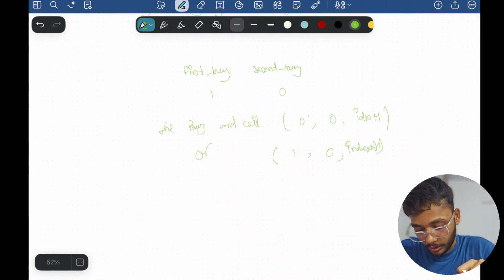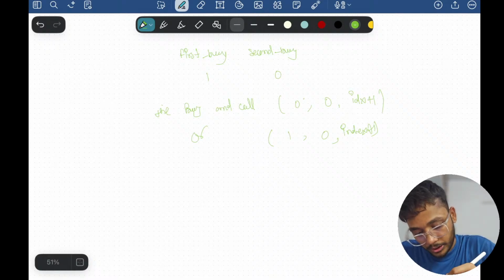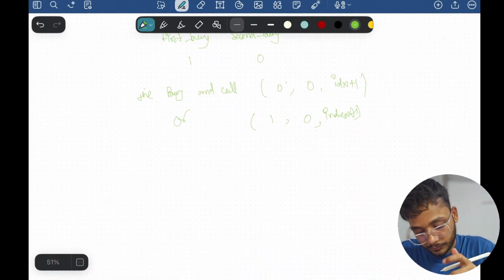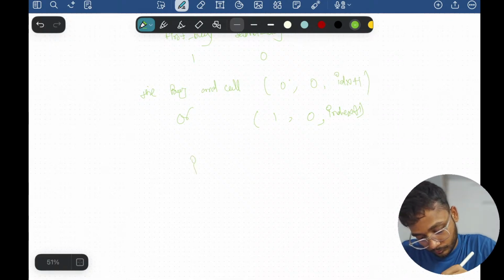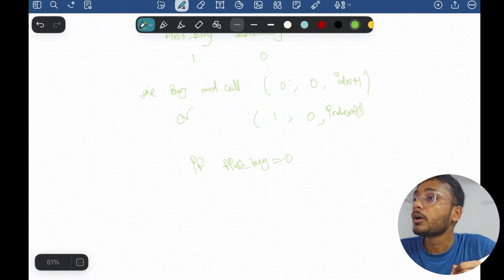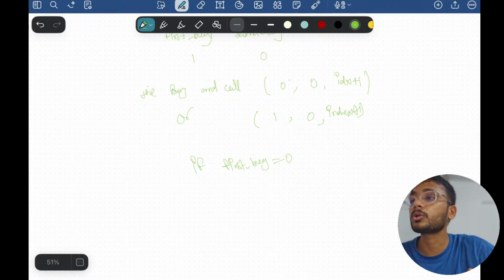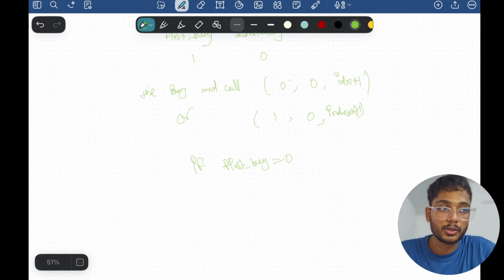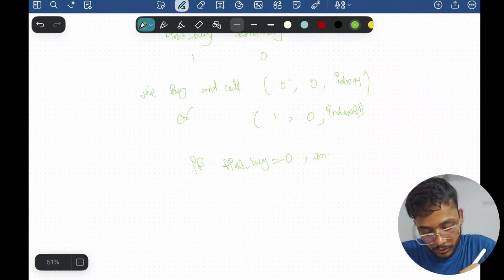Okay, and how will you decide whether to buy a second time or not? If first buy equals 0, that means you already bought the first value now, and second buy equals 0.